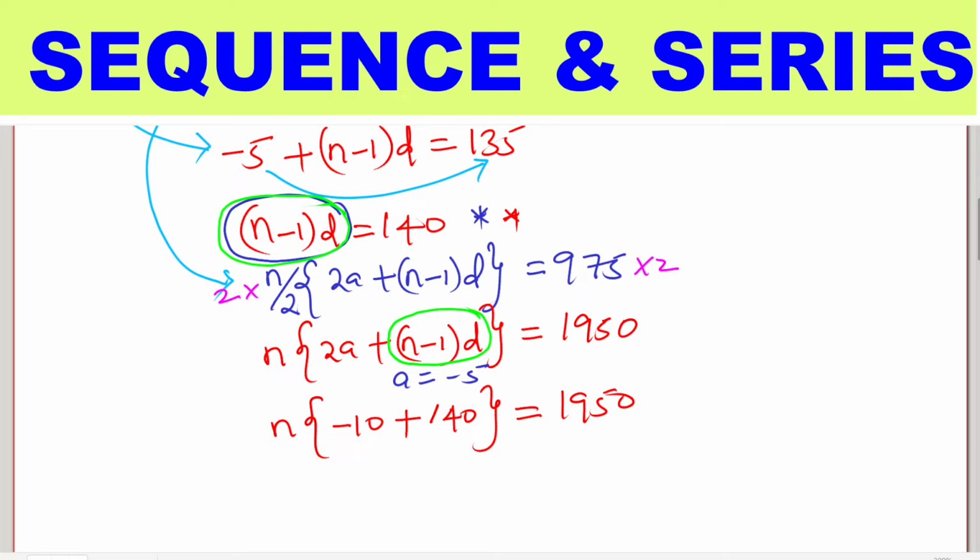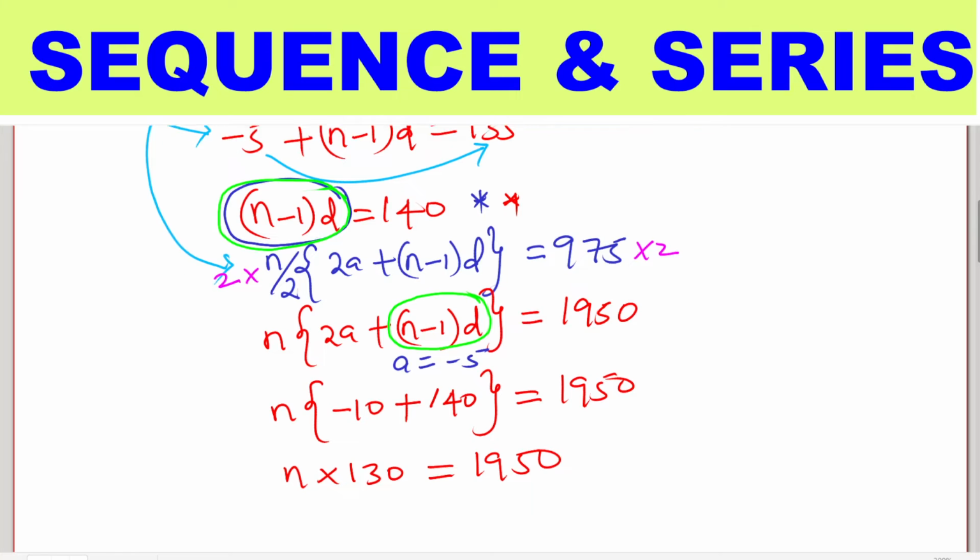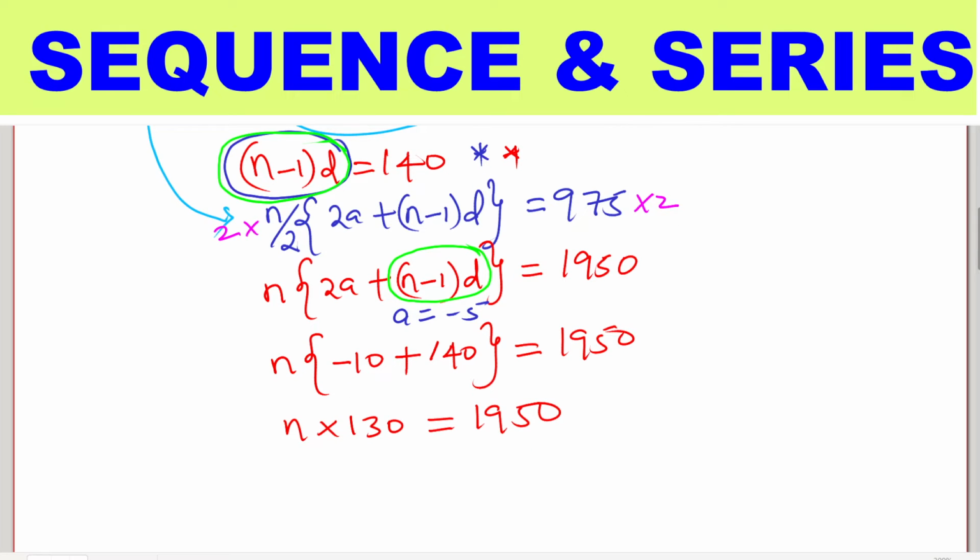So after doing that, now we can work out whatever is here. This is n multiplied by -10 plus 140. That will give 130n is equal to 1950. So if you want to get n, we simply divide both sides by 130.